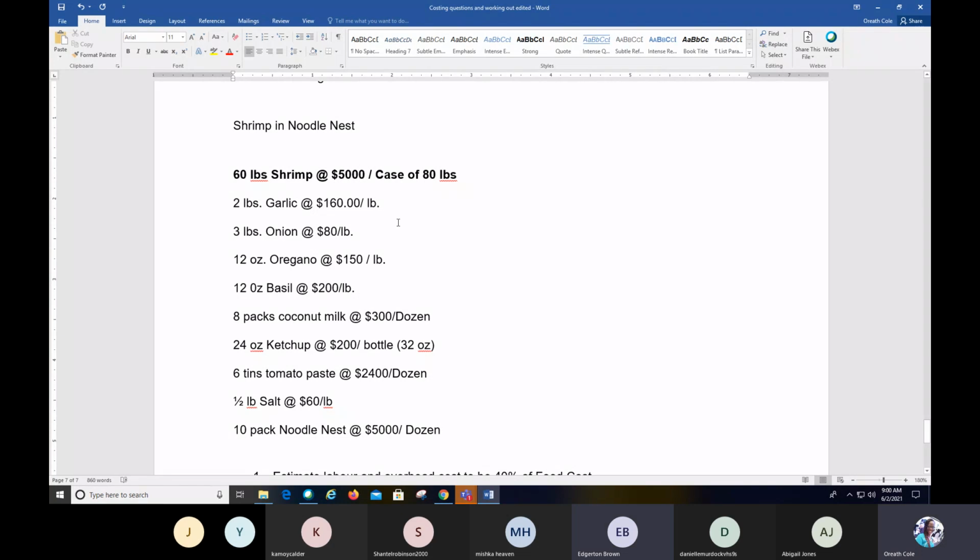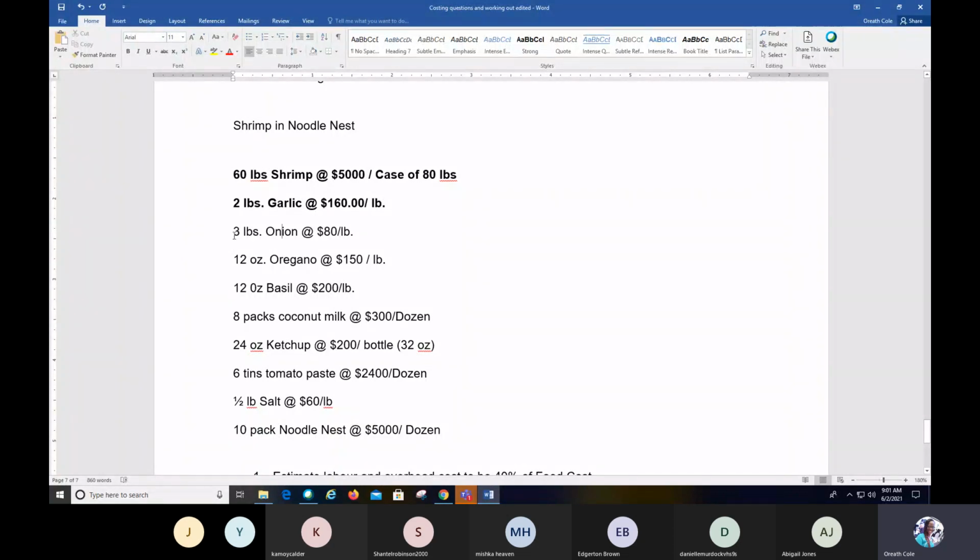That's good. That means it's $160 for a pound of garlic. But what do we want to find the cost of? 2 pounds of garlic. We want to find the cost for 2 pounds. We're going through this first before we do the work. I need to understand what this is saying before we can do anything else.